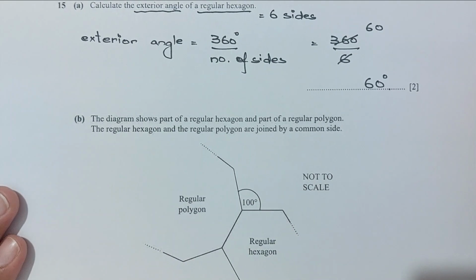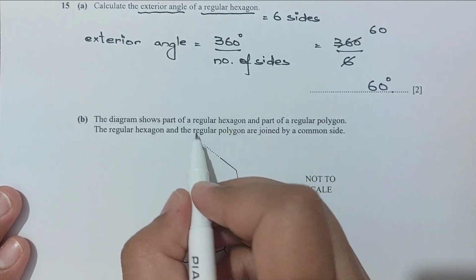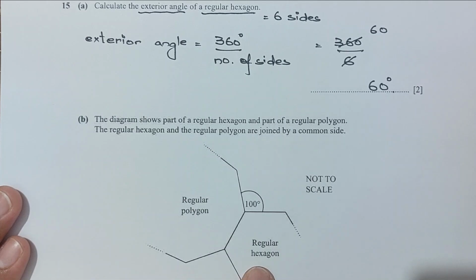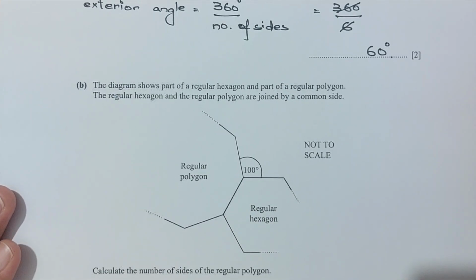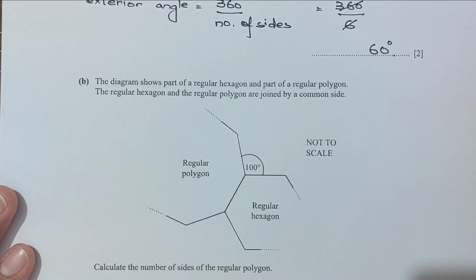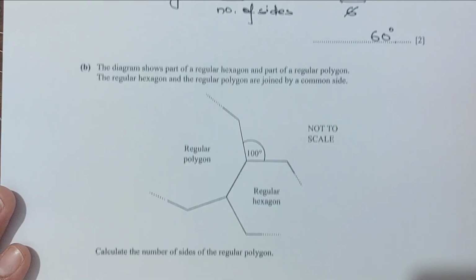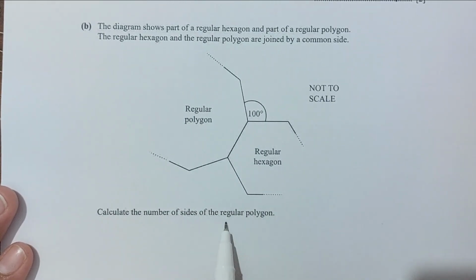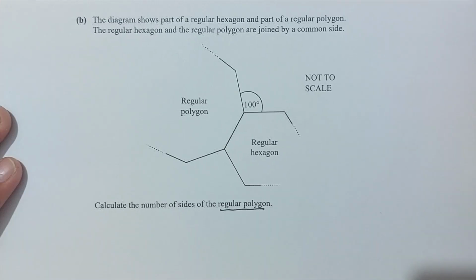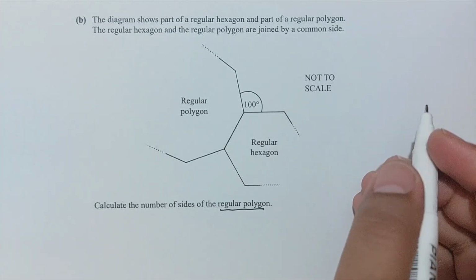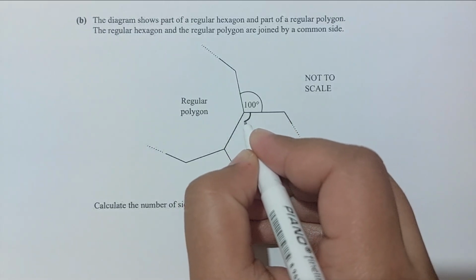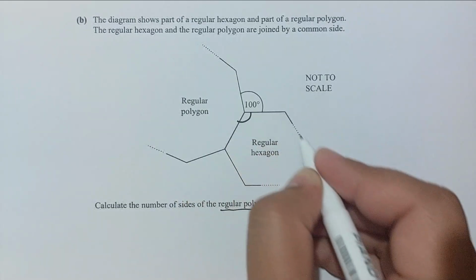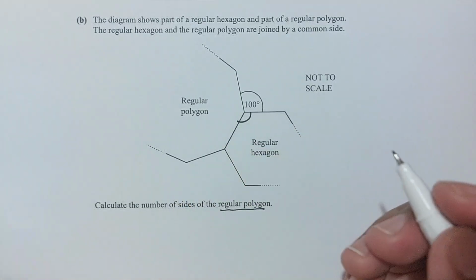Part B, the diagram shows part of a regular hexagon and a part of a regular polygon. The regular hexagon and the regular polygon are joined by a common side. Calculate the number of sides of the regular polygon. In this question we have to find the interior angle of a regular hexagon first. As we know, the hexagon has 6 sides: 1, 2, 3, 4, 5 and 6.